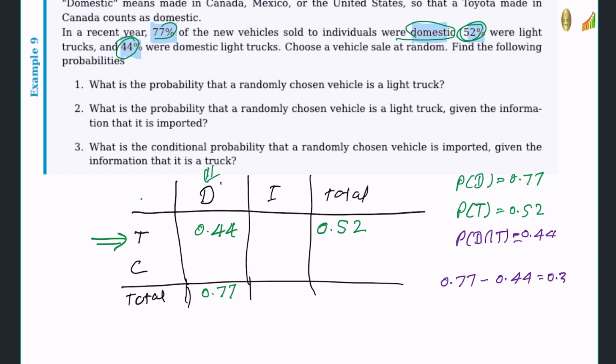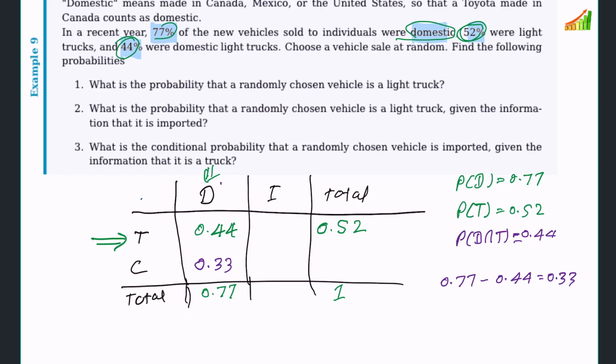It is 0.33. So 0.33 goes here. Once you have that, we can go to the next one here. How do we calculate that number? We know the probability of the sample space is always 1. Therefore, this one should be 1.